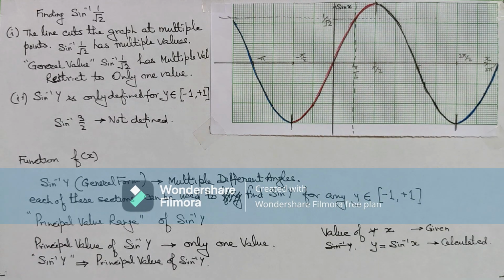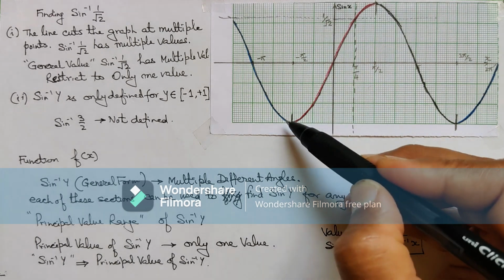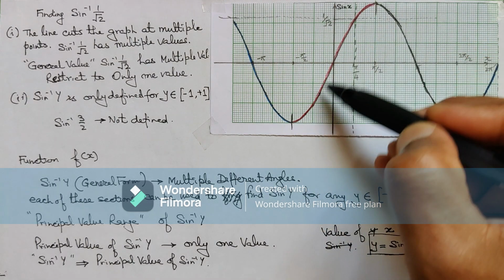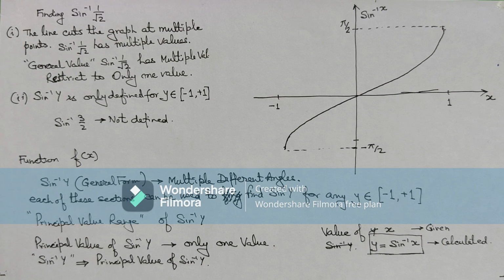But as a convention, if I have to draw a graph of sine inverse of an angle, I will call angle as x, and the sine inverse x I'll call that as y, and I will put this on the y axis. So the same graph, only this red section, will now look like this.